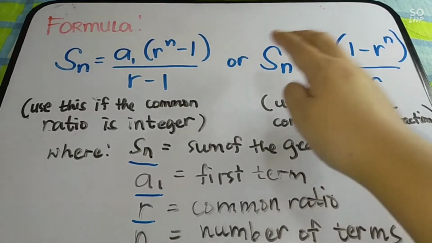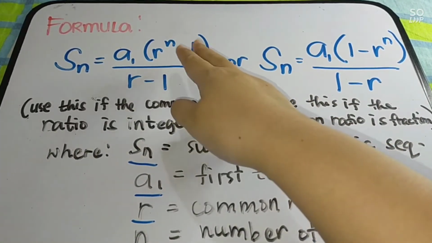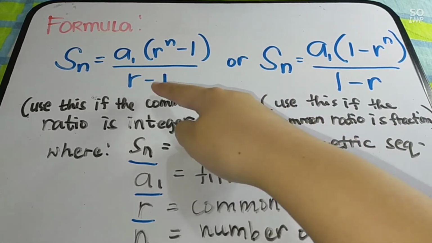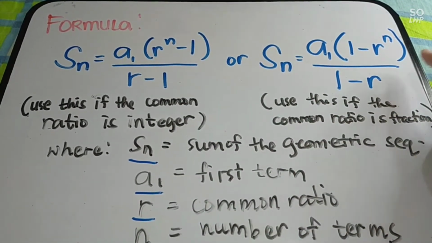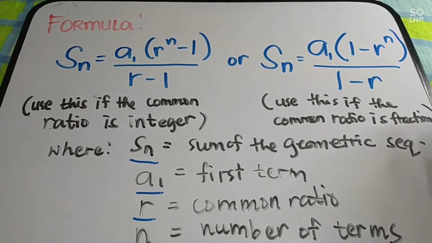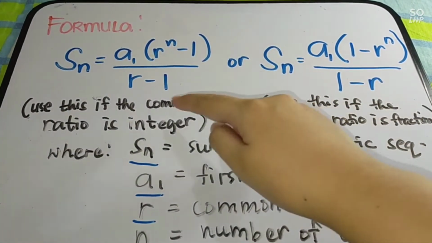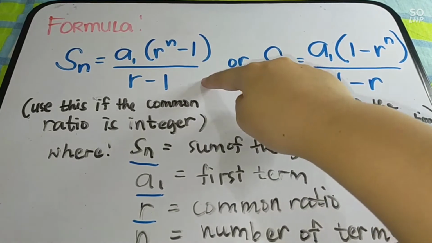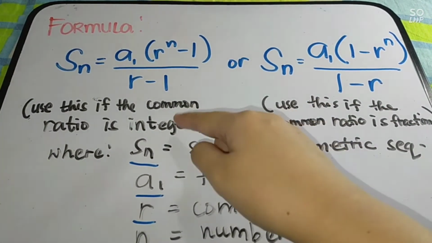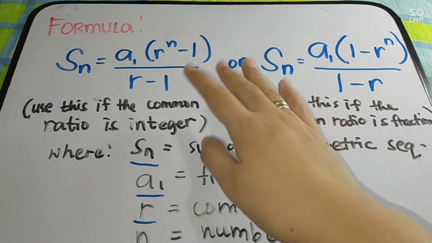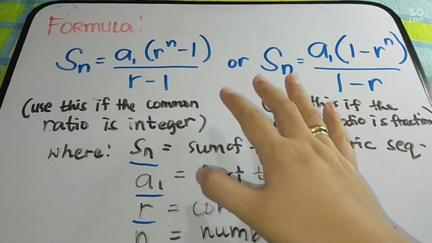So, kung mapansin nyo, nagkabaliktad lang si r raised to n minus 1 tsaka si r minus 1. Nagkabaliktad sila ng pwesto dun sa kabilang formula. So, saan natin to pwedeng gamitin? Use this one if your common ratio is integer. When you say integers, positive and negative whole numbers. Okay?